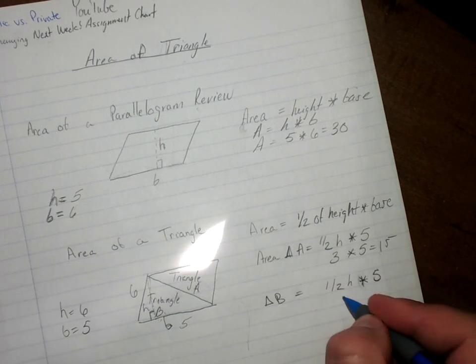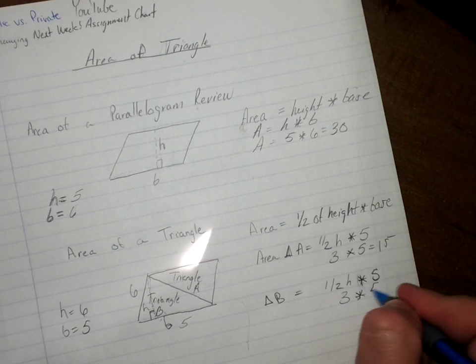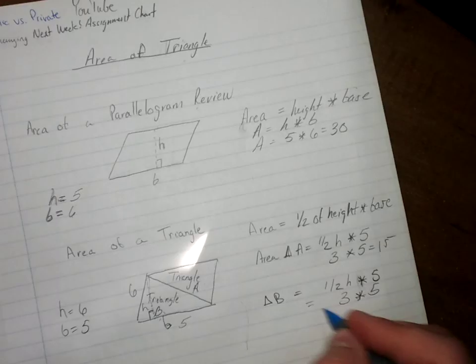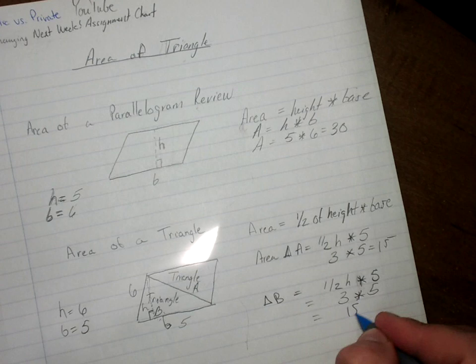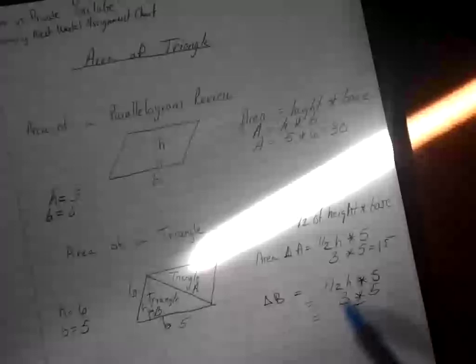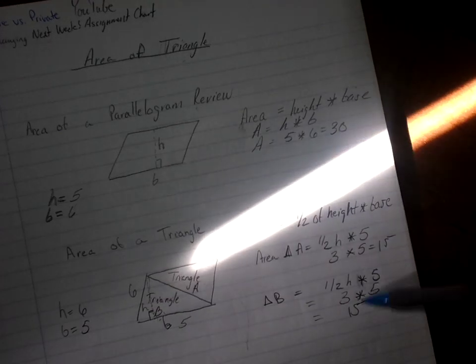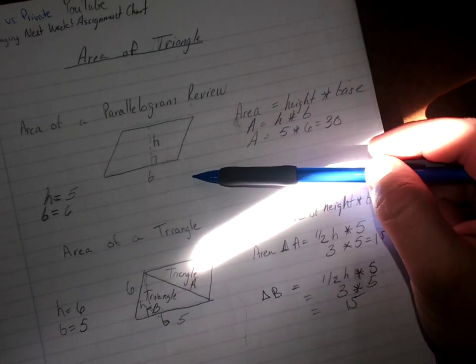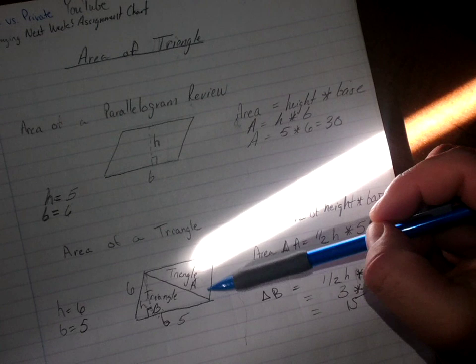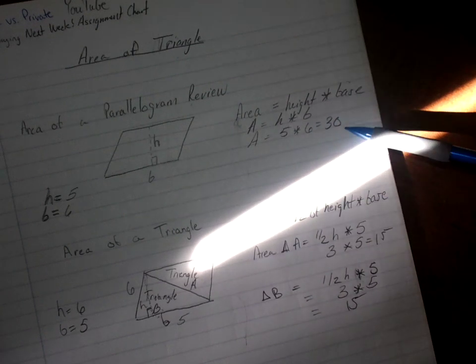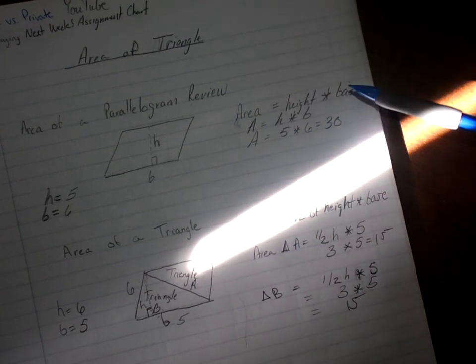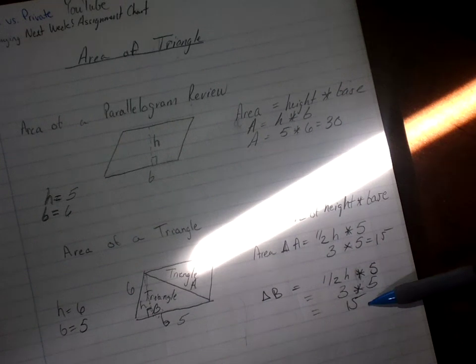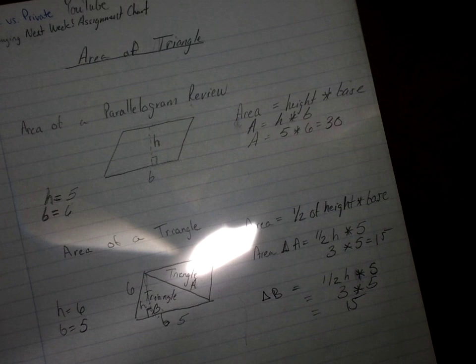So it's half of 6, which is 3, times 5 equals 15. When you put them together, 15 and 15, if these were the same parallelogram and I cut it in half and made triangles, it makes sense. If the area was 30 over here, then the area is going to be 15 for each of the triangles, because they're half of what this parallelogram was.